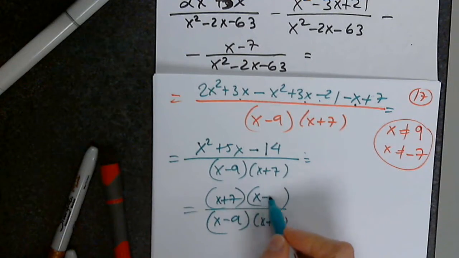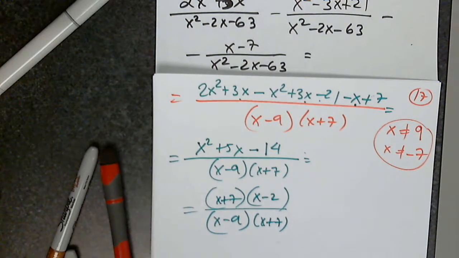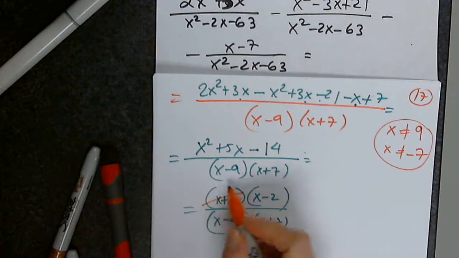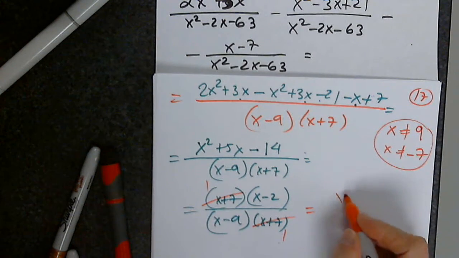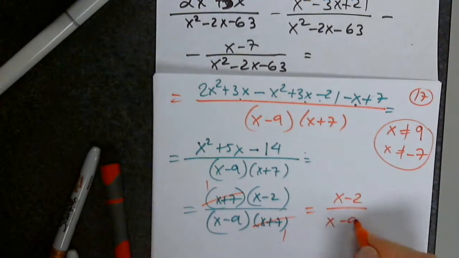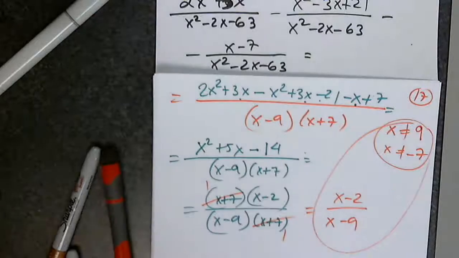X plus 7 and x minus 2. I stated my restrictions. I am free to simplify. Is there anything that goes away? That's it. So the simplified form of this addition of rational expressions is this, assuming the conditions are fulfilled.